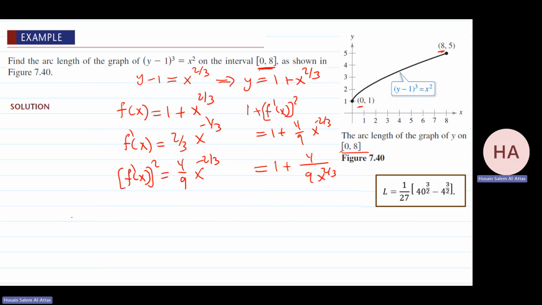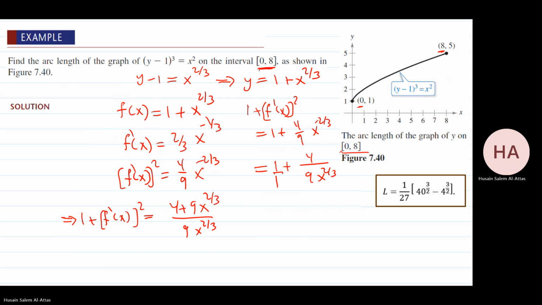In other words, 1 plus f prime all squared. And I try to write it in a way I can take the square root. So let me do it. 9x to the power 2 over 3 is over 1, so I have 4. Make it like this: 4 plus 9x to the power 2 over 3, over 9x to the power 2 over 3.